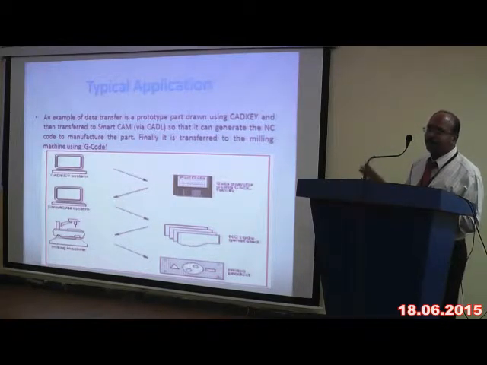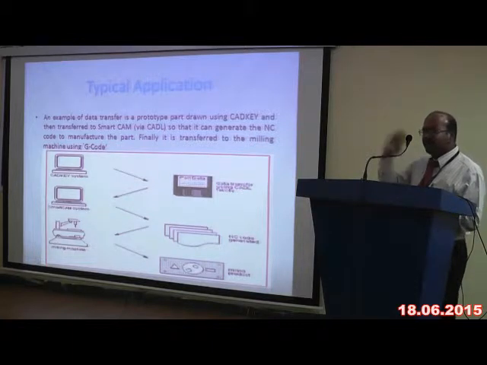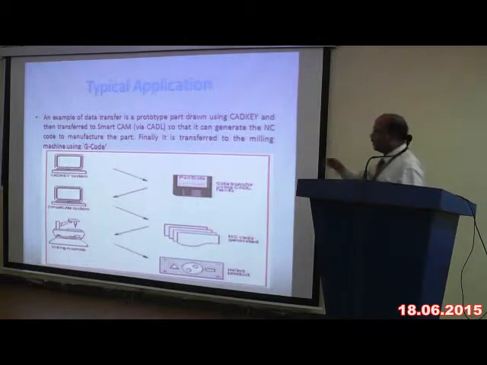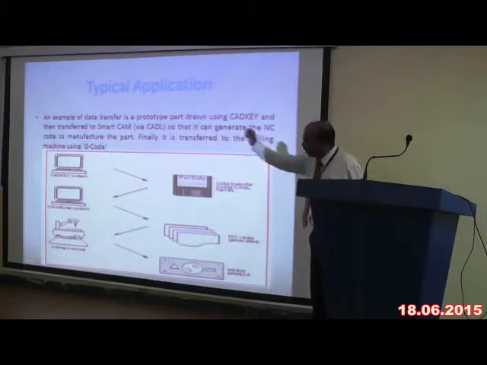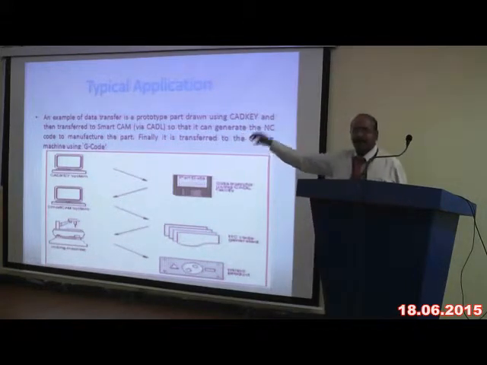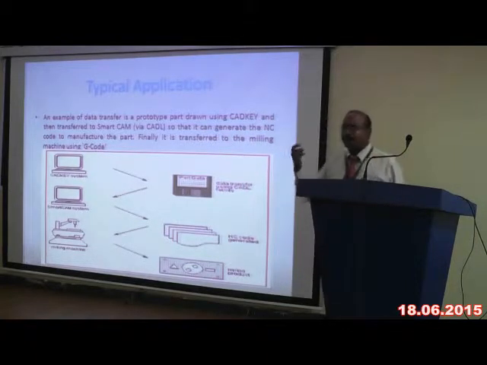So what's happening in this diagram? Some data transfer is happening. The first one transfers some data to this system. Again, you are extracting some data from this part to another one, and again extracting some information from there to code generation.